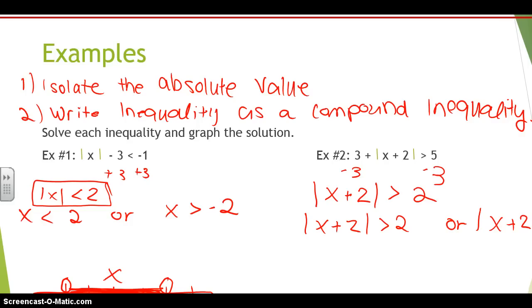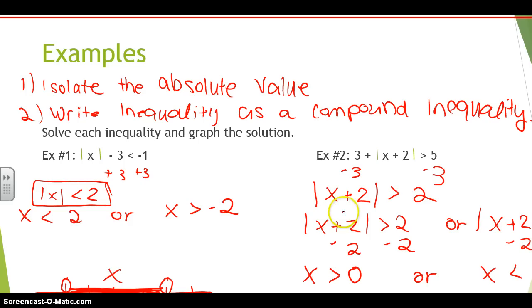Okay? So now let's solve. I'm going to subtract 2 from the left, 2 from the right. So what I'm left with is x is greater than 0, or let's solve for the other part here. We will subtract 2 from the left, 2 from the right, and I'll have x is less than negative 4.